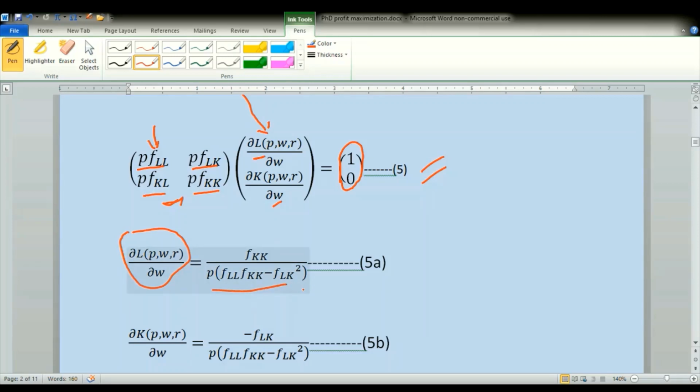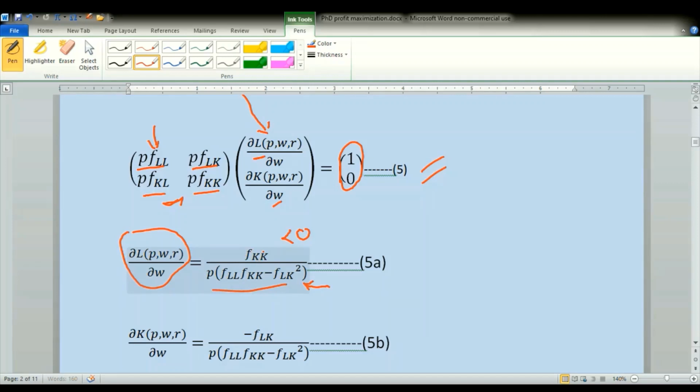And see that when I look into this, from the second order condition that we discussed earlier, we know that the term in parenthesis is positive, that P is positive by definition, and F_KK is the slope of the marginal product of capital, and we have already seen that the second order condition requires that this must be less than 0.